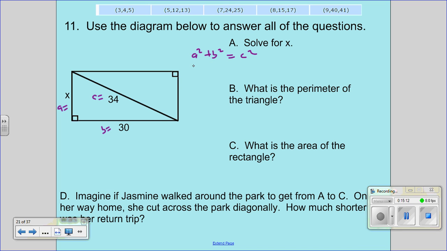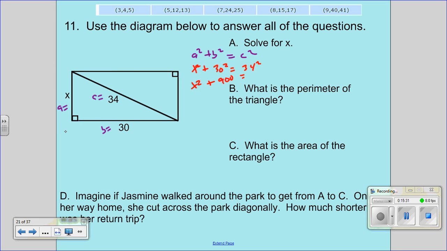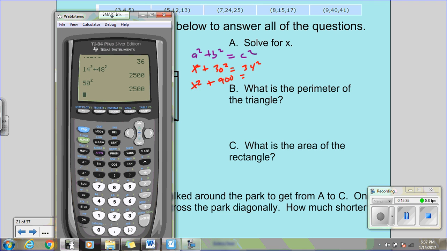In other words, x squared plus 30 squared should equal 34 squared. So x squared plus 30 squared, I believe, is 900. But 34 squared, I'm going to need my handy dandy calculator for. 1156.